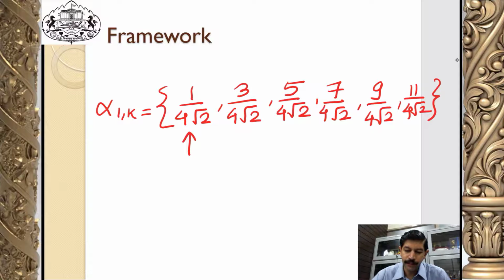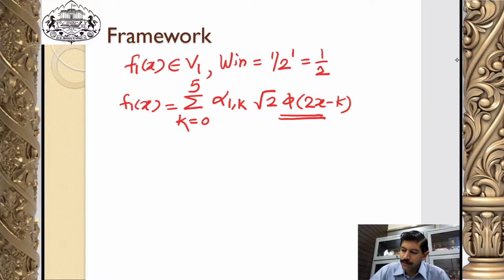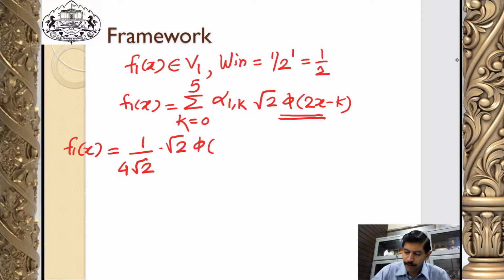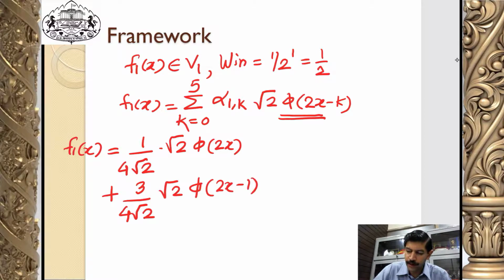And now if we plug this into this formula, what we get is f1 of x will be equal to, now you will realize why we said that root 2 is the normalizing factor. So alpha 1 0 is 1 upon 4 root 2 into root 2 into phi of twice x, plus the next factor is 3 upon 4 root 2 into root 2 into phi of twice x minus 1.